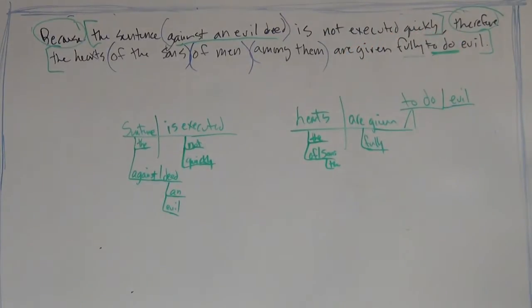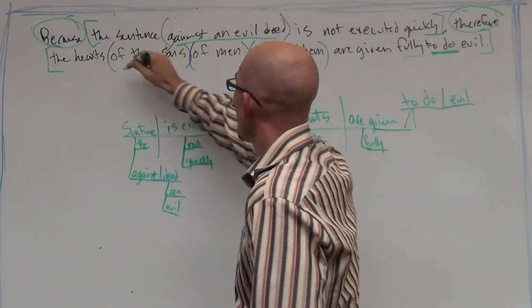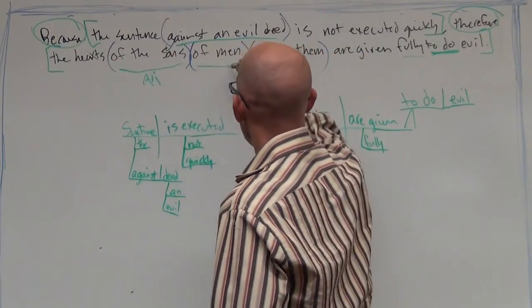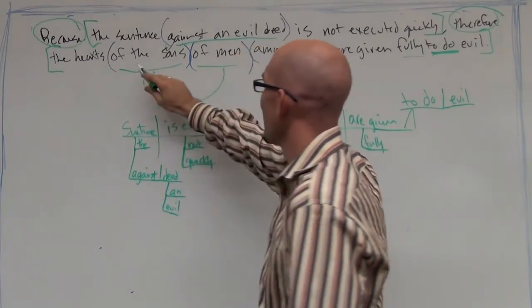Okay, "of men." Adjectival or adverbial prepositional phrase? Okay, Jen says adverbial. So we said this was functioning as an adjectival prepositional phrase, so this might be adverbial if it's modifying the whole thing.